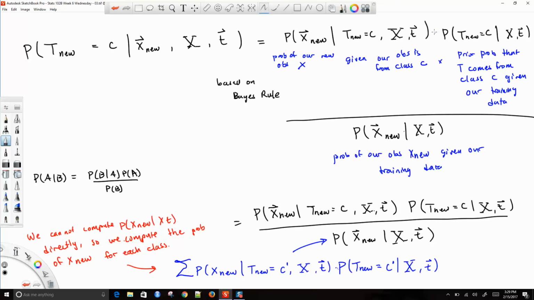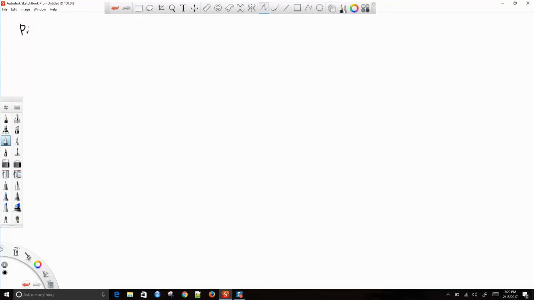Let me talk about this part. This part is the prior, right? The prior probability that T comes from class C given our training data. So let's talk about the prior term.